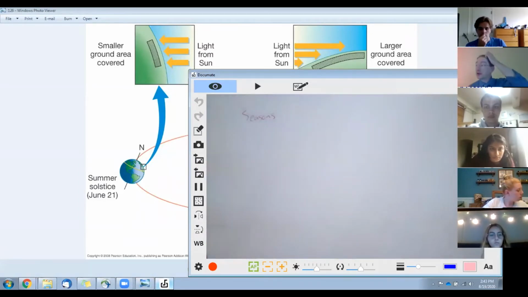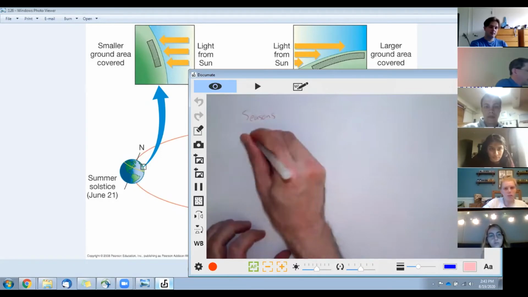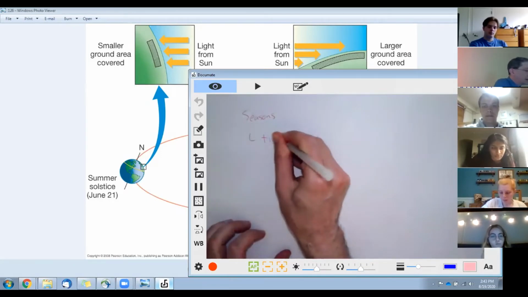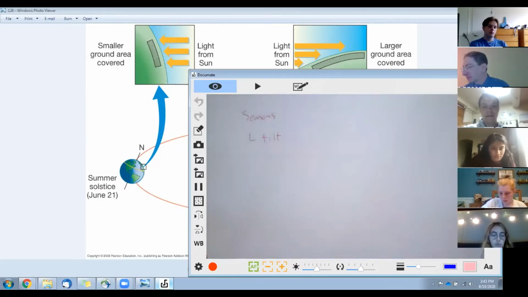And why is it hotter in summer and colder in winter? We concluded it's not a proximity effect for various reasons I won't repeat, but it has everything to do with the tilt of the Earth. And because of this tilt, there are 2 effects, 2 things that affect how warm your place on the planet gets.